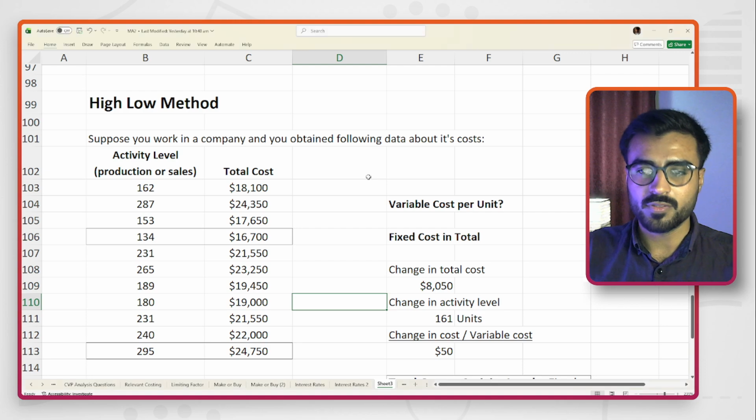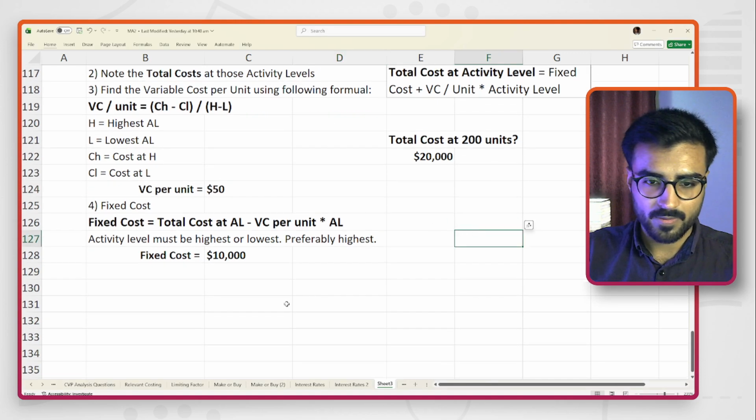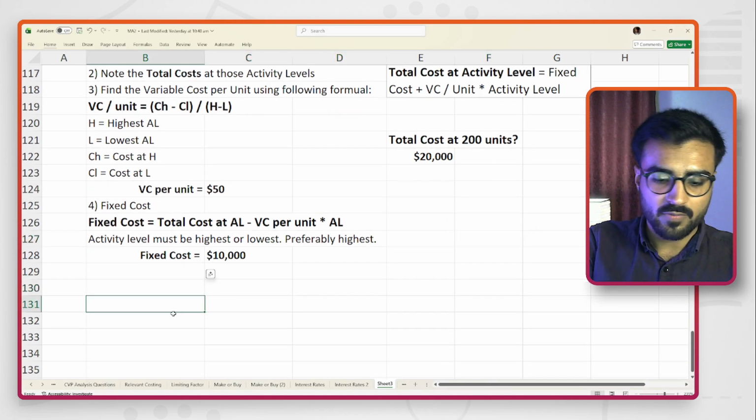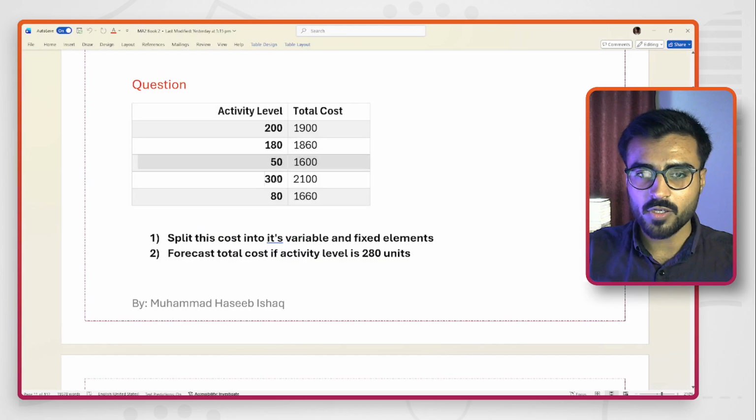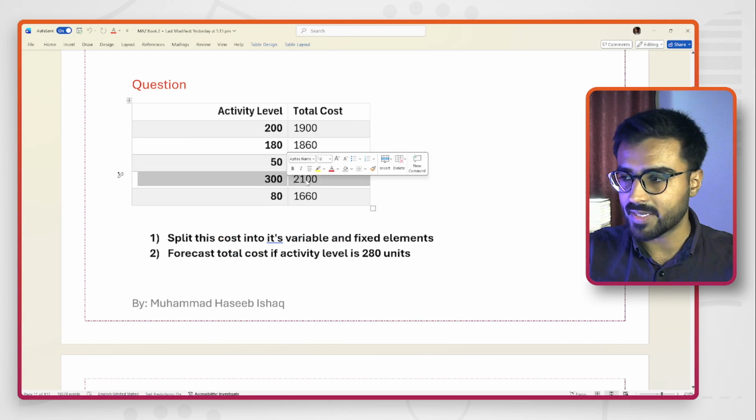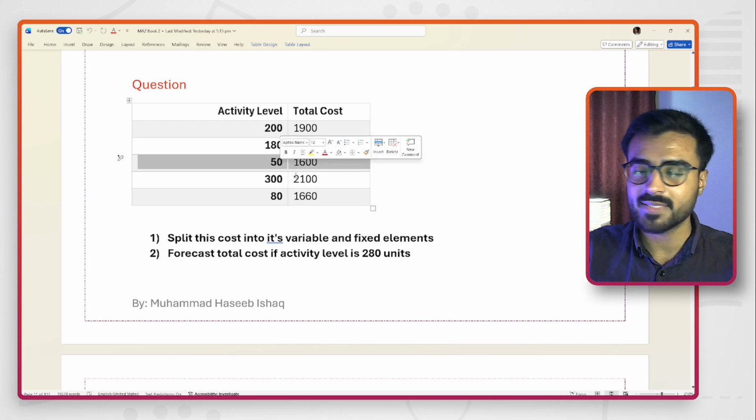How? We will use this formula. Variable cost per unit equals the difference in cost, 2100 minus 1600. 2100 is CH, the cost at the highest activity level, and 1600 is CL, the cost at the lowest activity level.